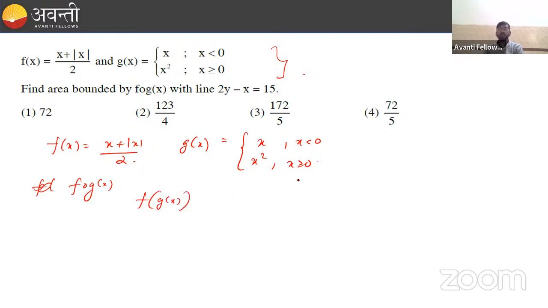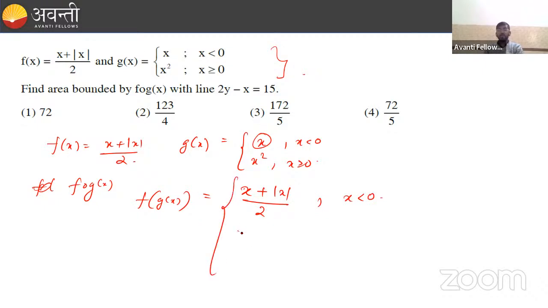So when x is negative, let's make two conditions here as well. When x is negative, we'll simply put x in place of this. So this will become x plus mod x by 2 when x is negative, right?